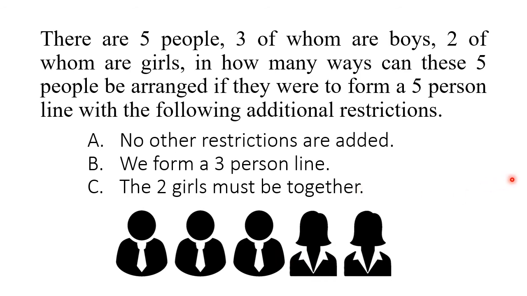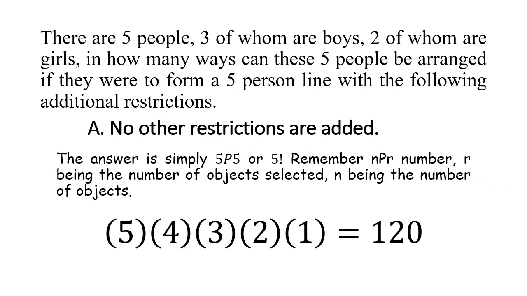Okay, let's start with A first. No other restrictions are added. Take note, 5 people. We want to find how many ways we can arrange these 5 people in a 5-person line.